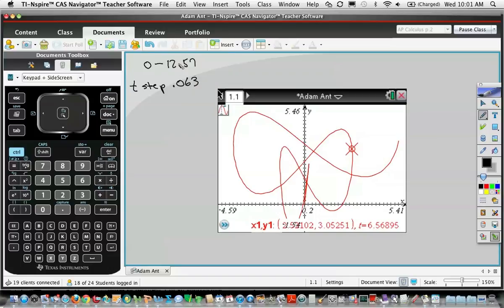So I took 12.57 and divided it by 0.063, and that came out to right at 200.